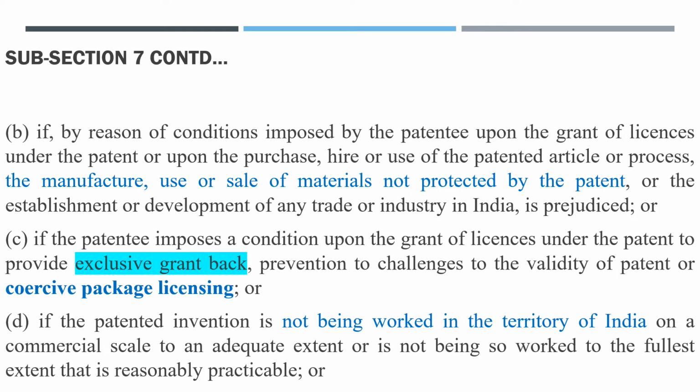The licensor bears an exclusive right to use or sublicense any patented improvements, whereas the licensee retains only a non-exclusive right to practice the patented improvement. And this provision is known as exclusive grant back because the key term of this clause is exclusive grant back.